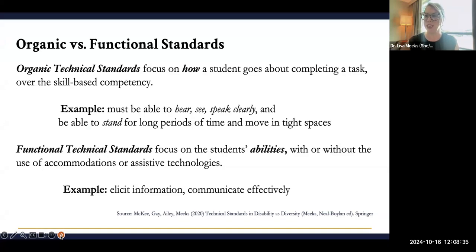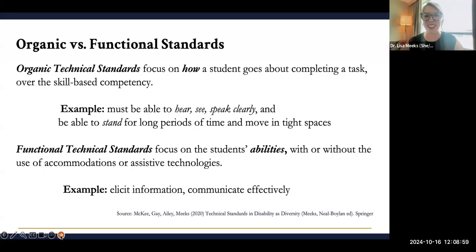And really importantly, and perhaps this is the largest takeaway for today, as we introduce this idea of technical standards, and later when we review some examples, we want you to pay close attention to the language and the differences between 2 key approaches. The first approach is organic, and I know we're all taught that organic is amazing, but in this case, organic is bad.